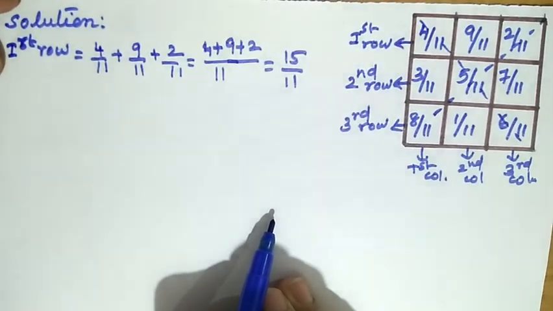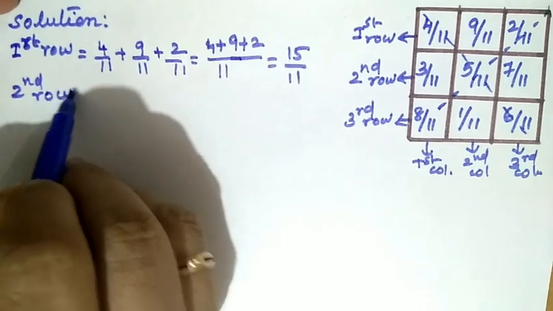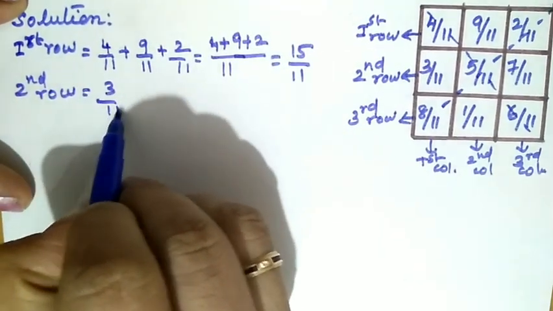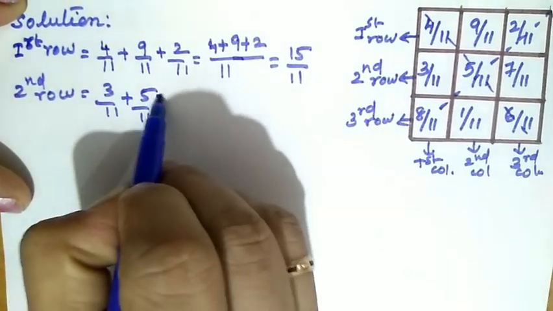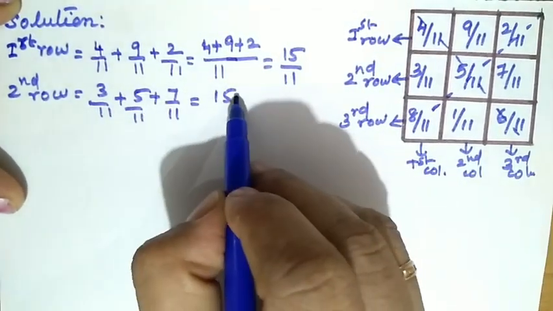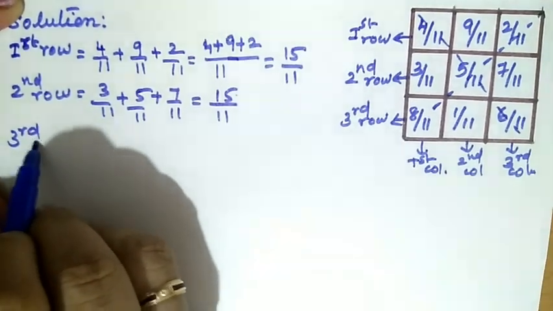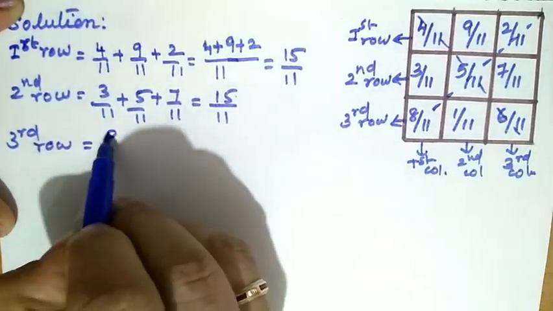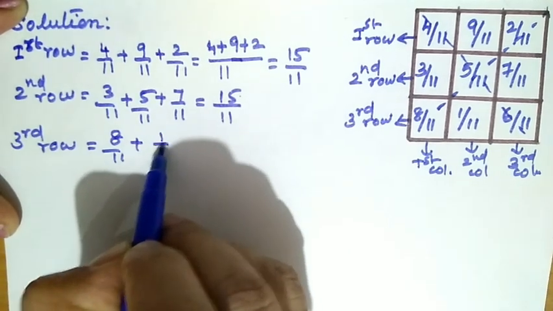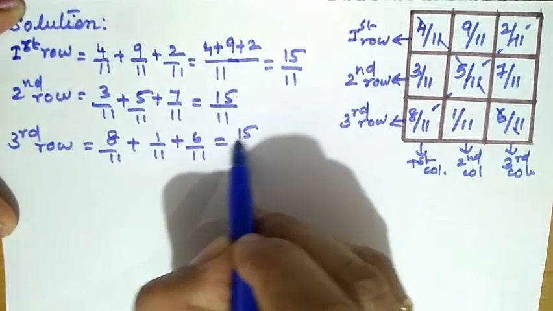Now we'll go for the second row. 3 by 11, 5 by 11, 7 by 11. Again 3 plus 5 plus 7, so 15 by 11. Third row: 8 by 11, 1 by 11 plus 6 by 11. Again 15 by 11.